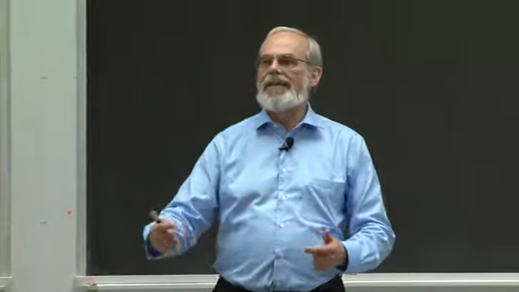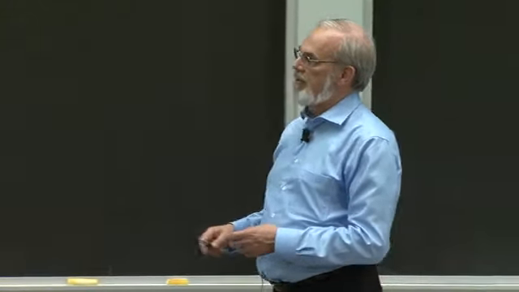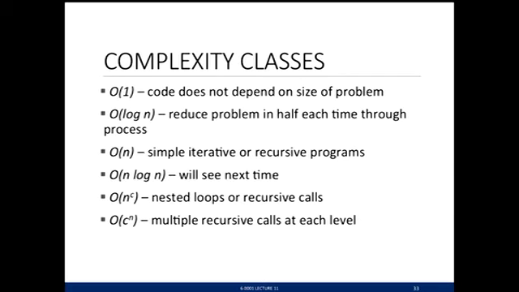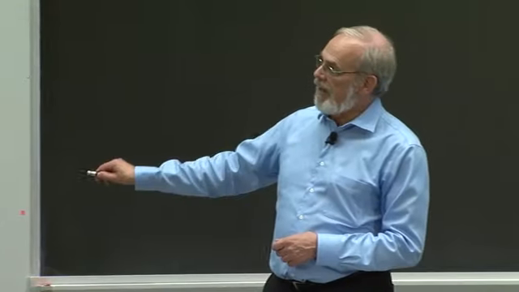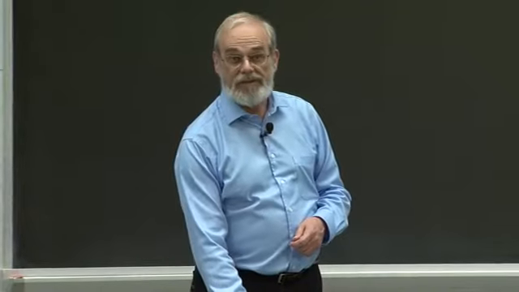I'm looping over something inside of there, I'm looping over something else on a size that depends on the size of the problem. And then we just saw this last one, multiple recursive calls at each level tends to be characteristic of exponential. And as I said, we'd like to be as high up in this list as we can because those are really nice algorithms to have.